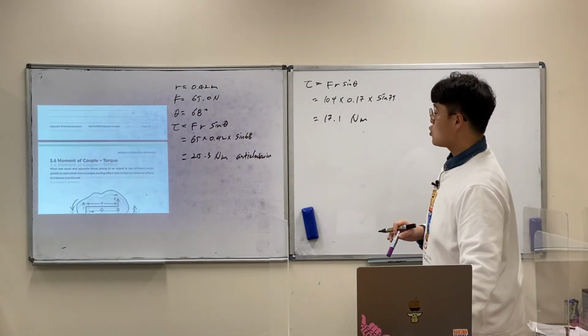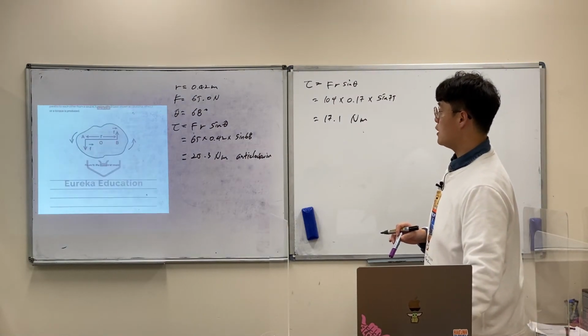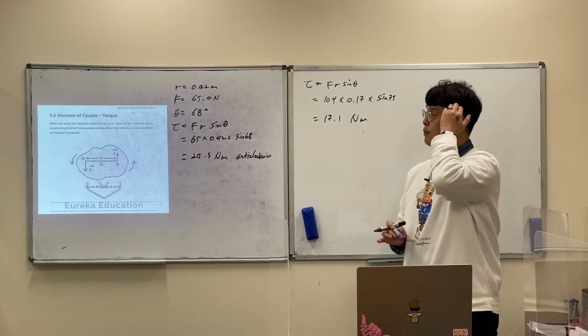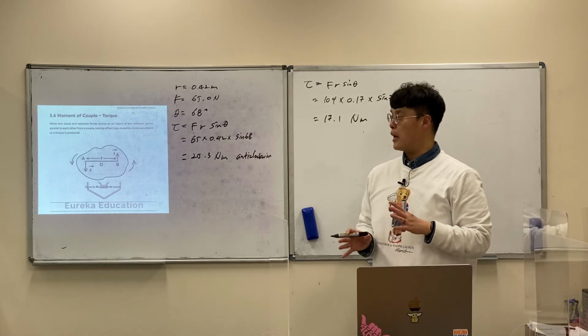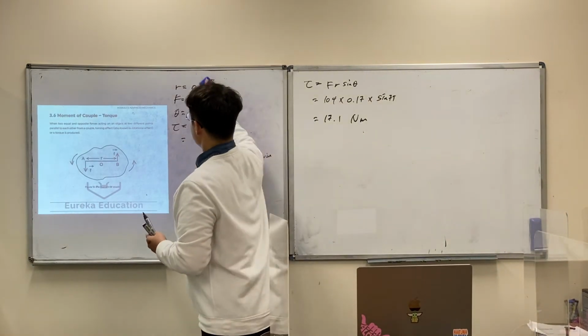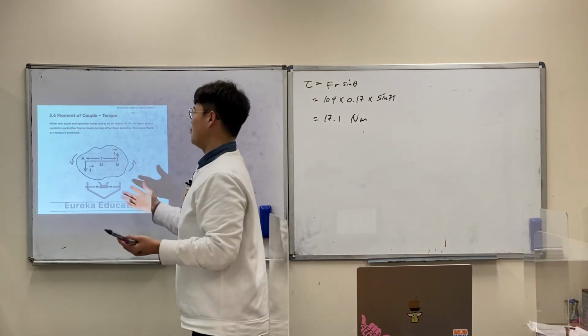Now, let's talk about a very special case of torque. This is called the moment couple. When we have a torque of a wheel, let's assume that we have a wheel or a motor, for example.